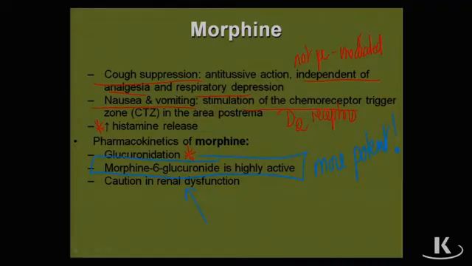Imagine the case scenario where morphine would be low, but the glucuronide would be elevated thanks to possibly a renal dysfunction in this patient. Then you could actually see life-threatening toxicity not from the parent drug, which might be within therapeutic range, but from the morphine 6 glucuronide. So always ask for both to be measured so as to be safe and avoid respiratory depression.